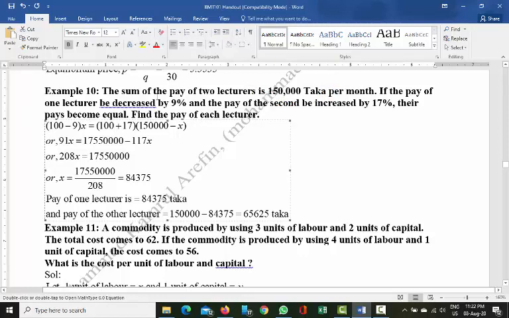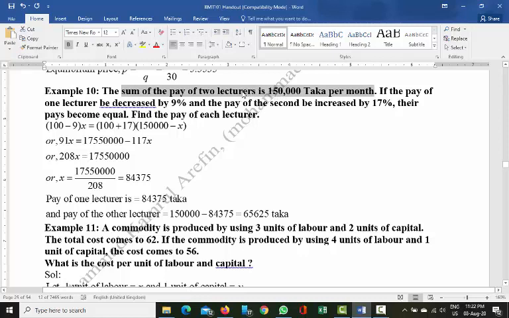So let's read out the question again. The sum of the pay of two lecturers is 150,000 taka per month.